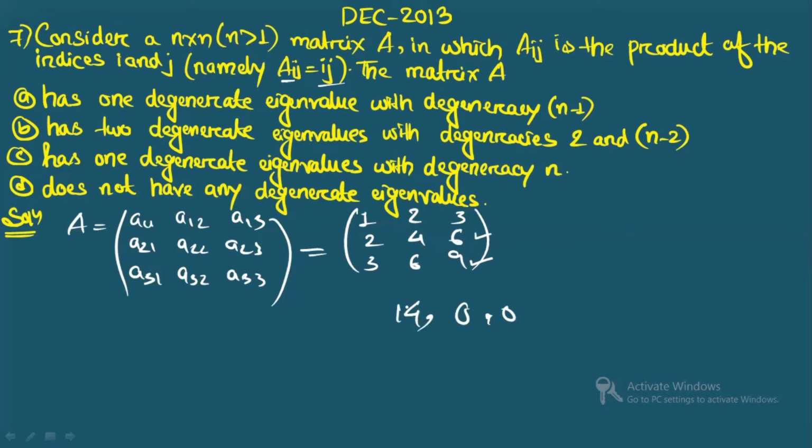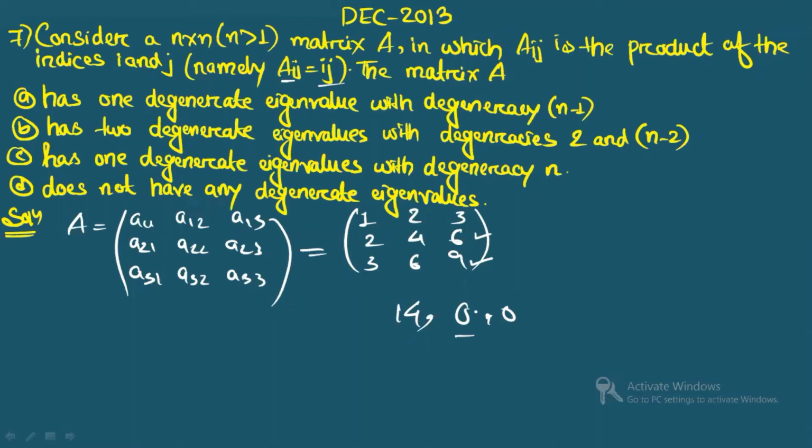We have seen one question before also, only here they are asking something different: how many degenerate eigenvalues will be there and with what degeneracy. Degenerate eigenvalues means repeated eigenvalues. So here, 0 is the eigenvalue with degeneracy 2.